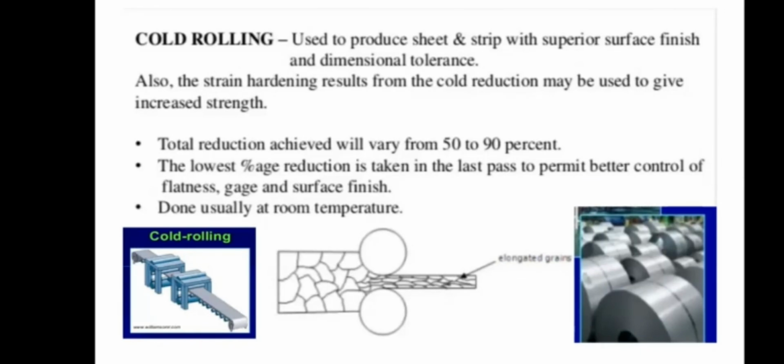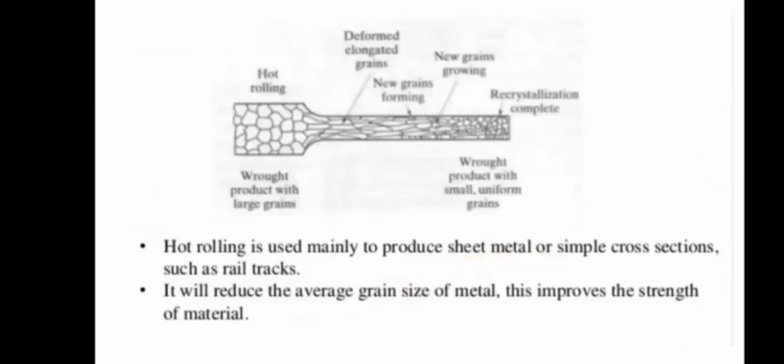Consider the result on grain structure. In hot rolling, fine grains will be obtained at the end of the product. The grain will be elongated, then new grains will form, then recrystallization takes place because of forces and temperature, so the grain is reduced to a finer extent.